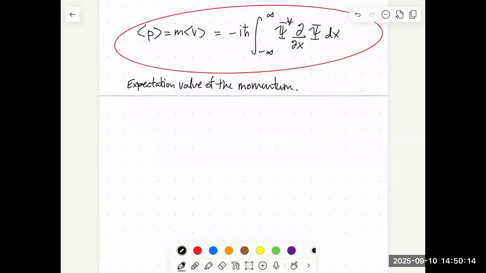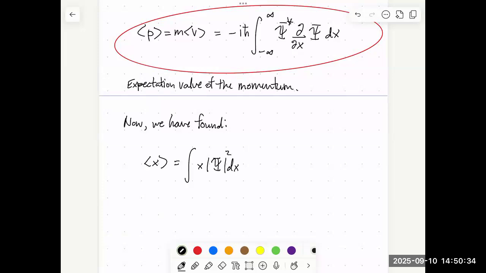Okay, so to summarize then, we have found the following results. For x, we calculate x in the following way.